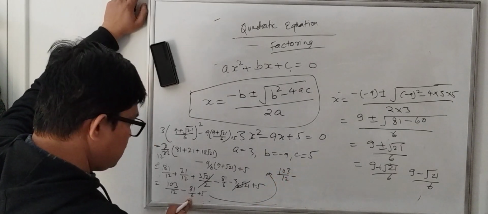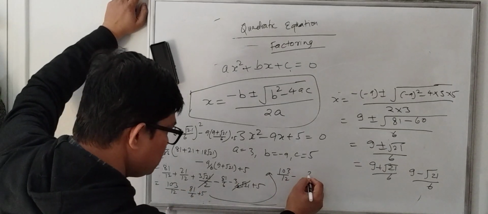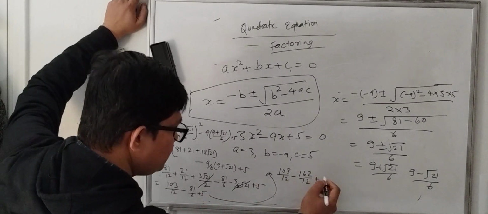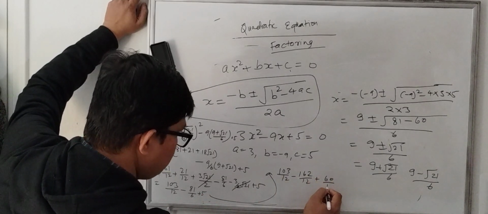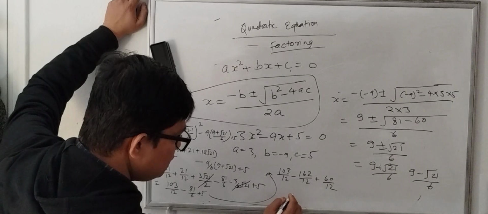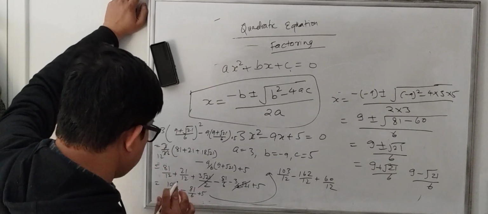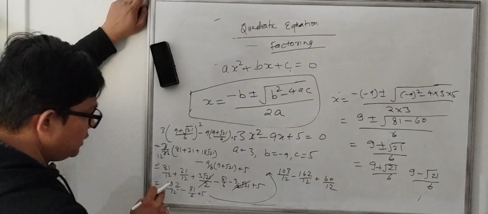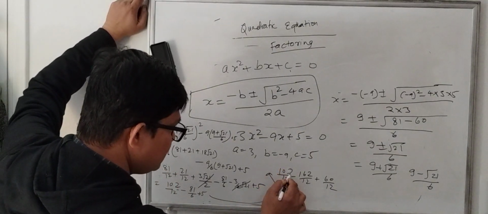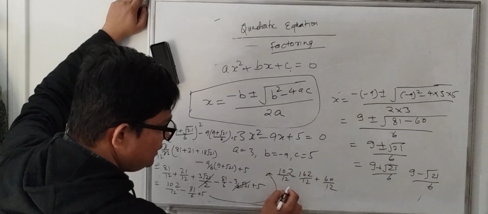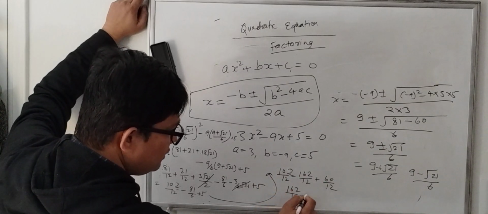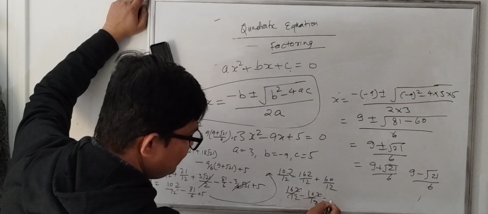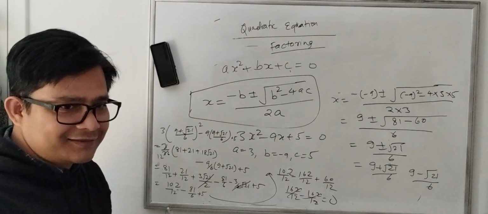So this one, to make it 12, I will multiply 2, 16, 12, plus multiply this one at 12, 60 divided by 12. Did I make some mistake? Oh, see, sorry, here, 112, okay, 81 plus 21, 102, not 103. So this is 102. See, we got 102 plus 60, 162, 62 and minus, 0. So that answer is correct.